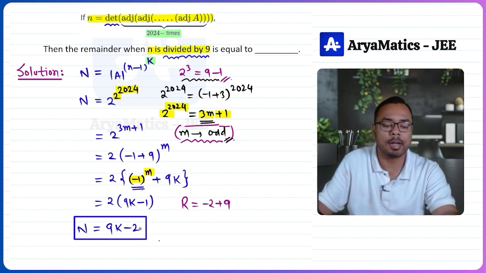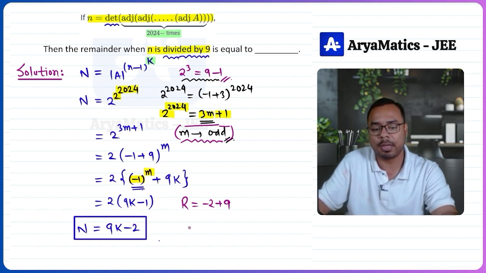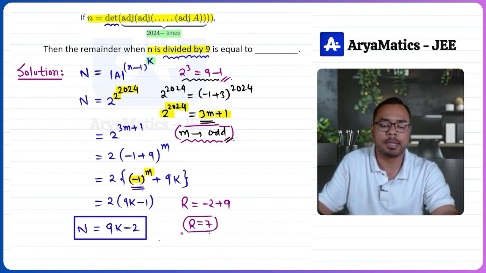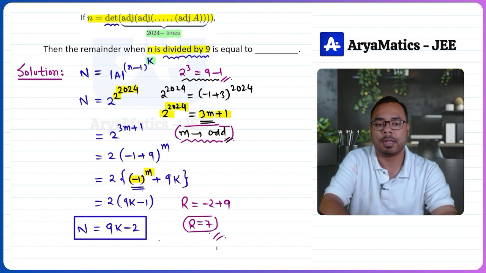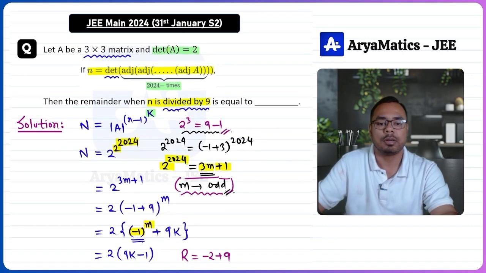The remainder is never negative. If we get a negative remainder, that means we have over divided, so we need to add 9 here. So if the number is of the form multiple of 9 minus 2, it is of the form multiple of 9 plus 7. So if we divide by 9, the remainder must be 7. Therefore, the correct answer for this problem will be 7.